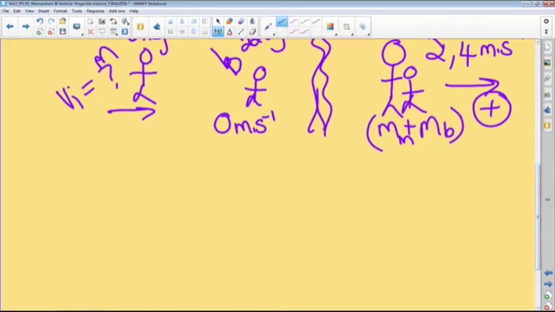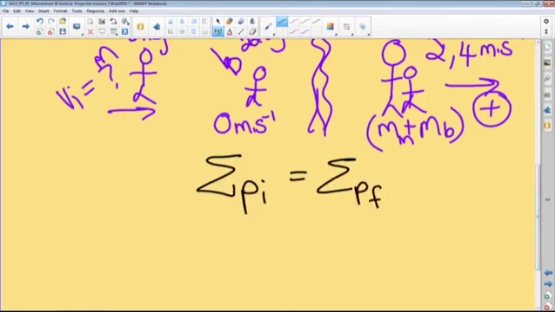I'm starting with the fact that we have conservation of momentum. So total momentum before, my initial, is equal to my total momentum afterwards. Now we need to set it up so we can do some substitution, okay?